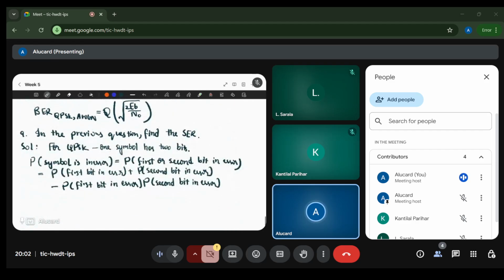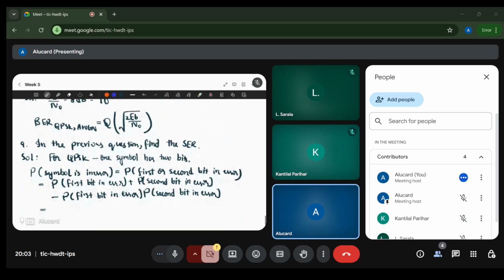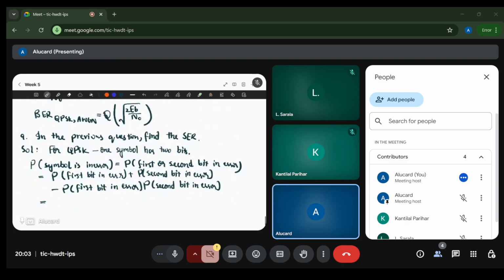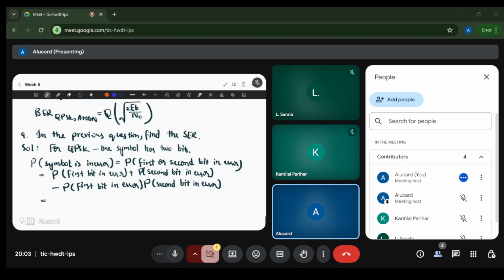Now, for one bit, we know the probability of bit error. We know the bit error rate. So this is nothing but 2 times Q of root 2 EB by N naught minus Q of root 2 EB by N naught squared.